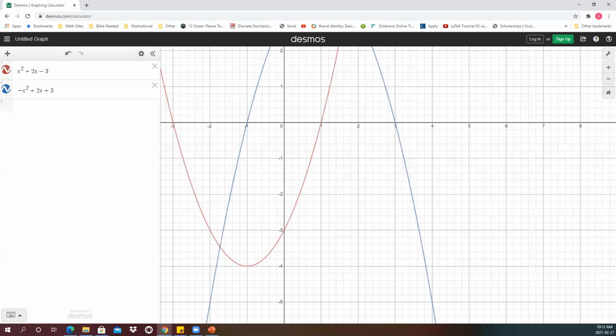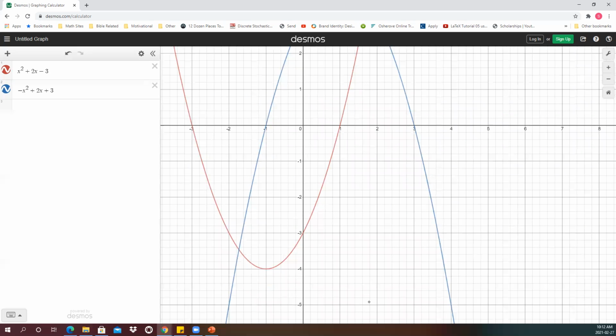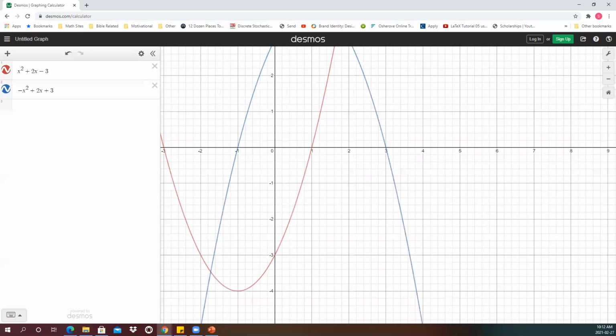Yes, sir. Because it's the same thing up here. Right there, we saw -4 being our minimum, and x equals -1 is our line of symmetry.